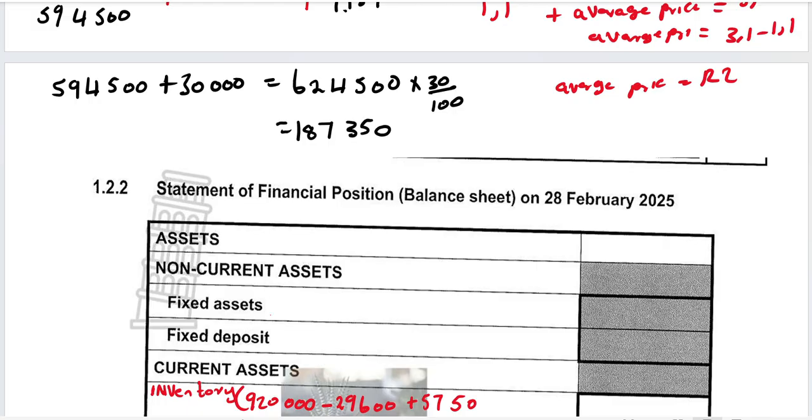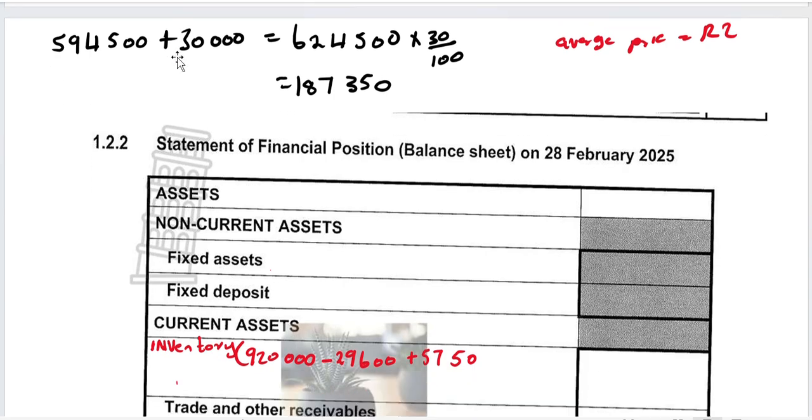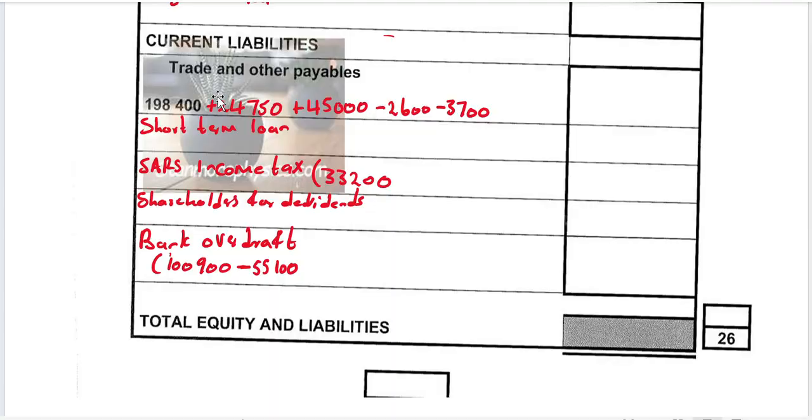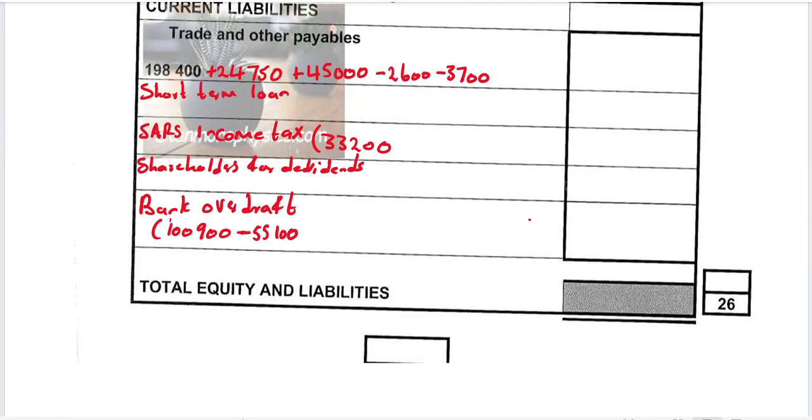So let's go and record it. This is our shareholders for dividends 187,350. Okay, let's show them the workings.